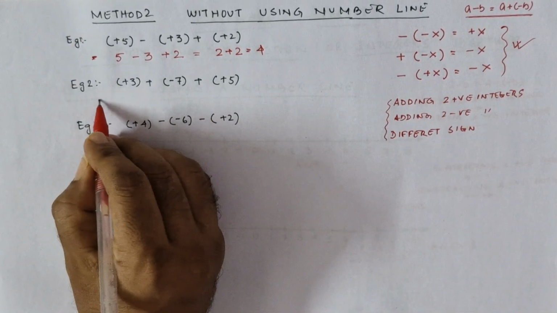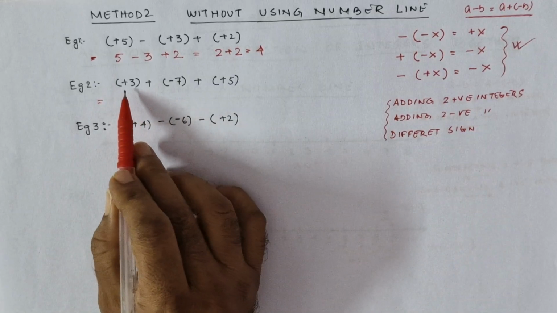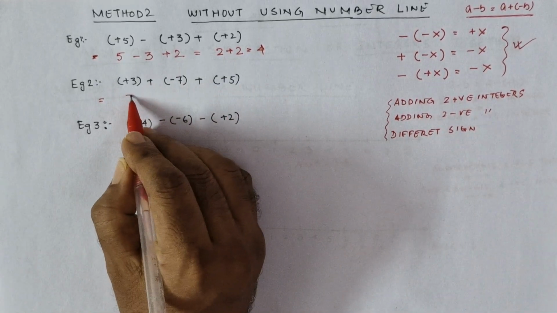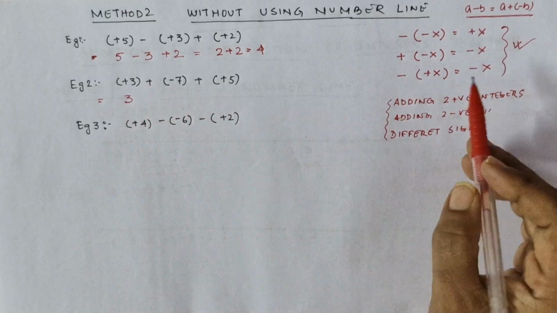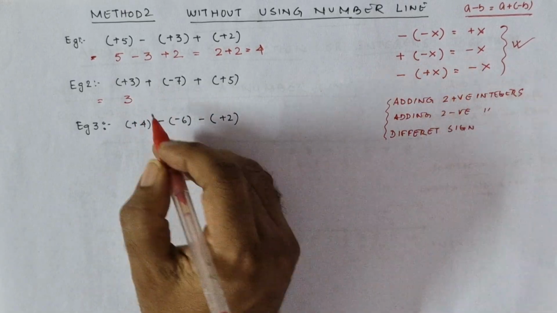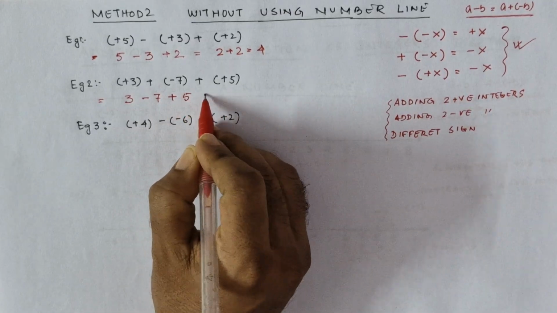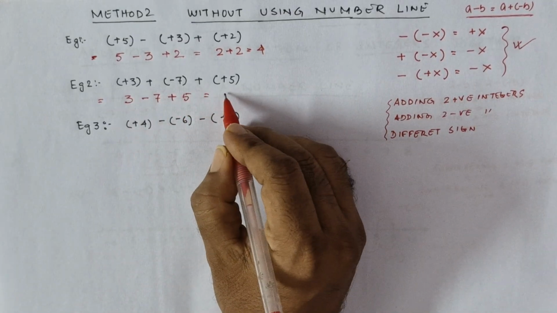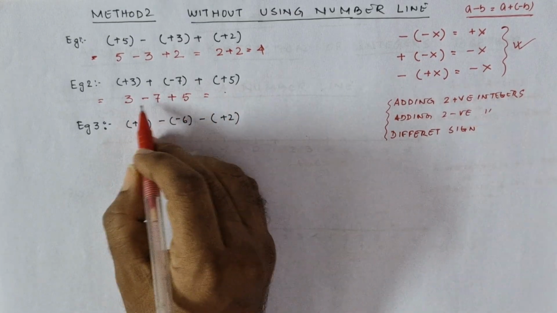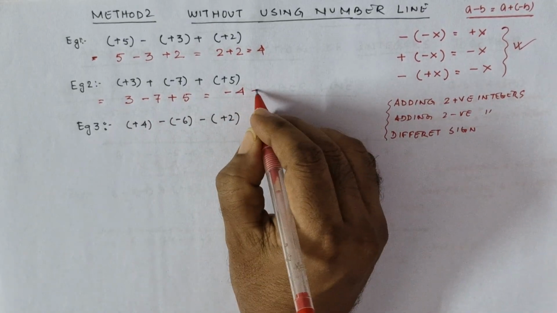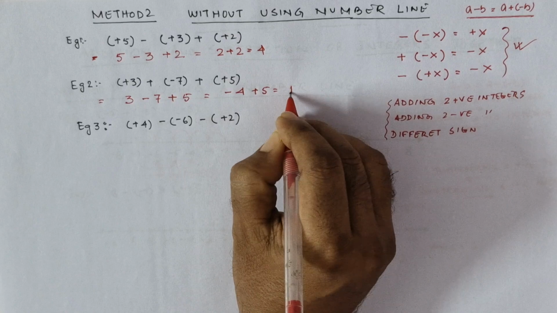Next example: plus 3 plus of minus 7 plus 5. So plus 3 will be plus 3. Plus of minus 7 will be minus 7. Plus of plus 5 will be plus 5. So 3 minus 7 is minus 4, minus 4 plus 5 is equal to 1.